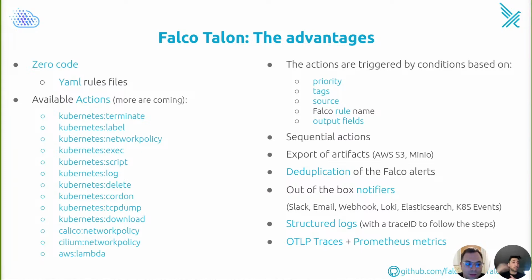All actions can be sequential, and for some of the actions, for example, to download the file or get the logs, you can export these artifacts to S3 or MinIO. And we have out-of-the-box notifiers: email, webhook, Loki, Elasticsearch, structured logs, and OTLP, so OpenTelemetry traces, metrics, and Prometheus metrics.